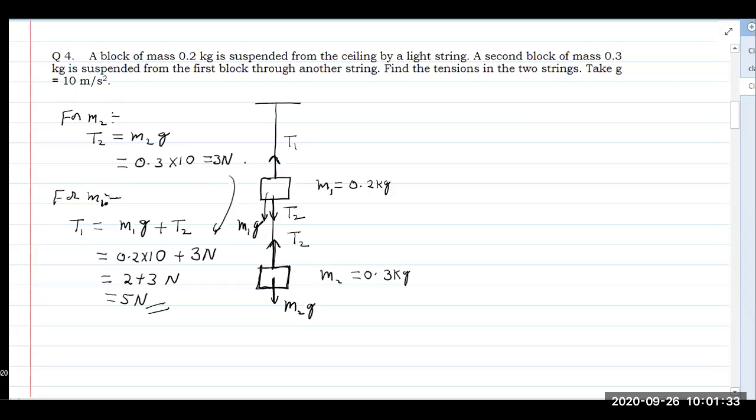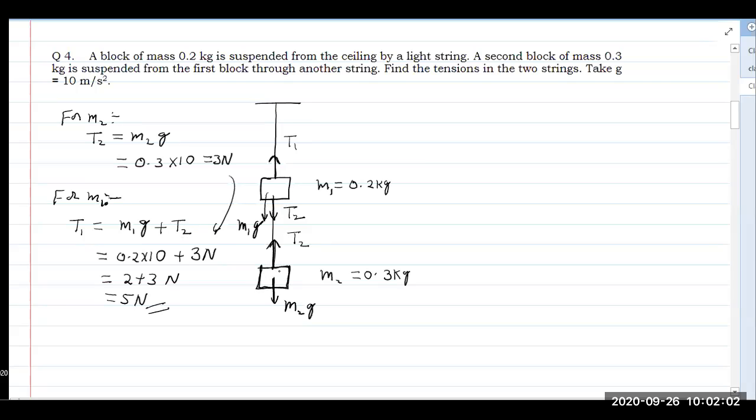In the upper one we are getting more tension because it is supporting the weight of both the objects. But the weight of the object, the M2g, you are not going to include directly with the upper object. That force is coming through that tension T2. See this T2, why is this T2 appearing here? This T2 is coming because it is supporting the lower object.